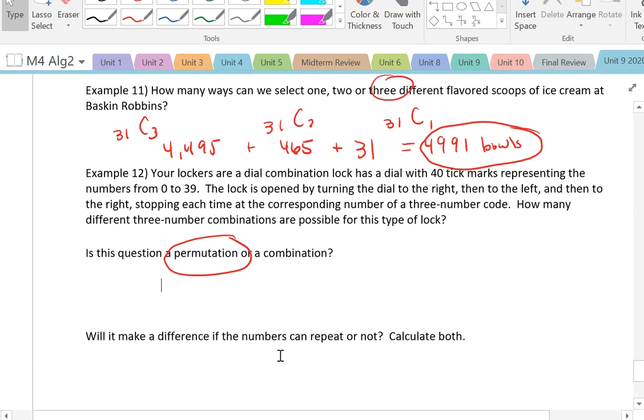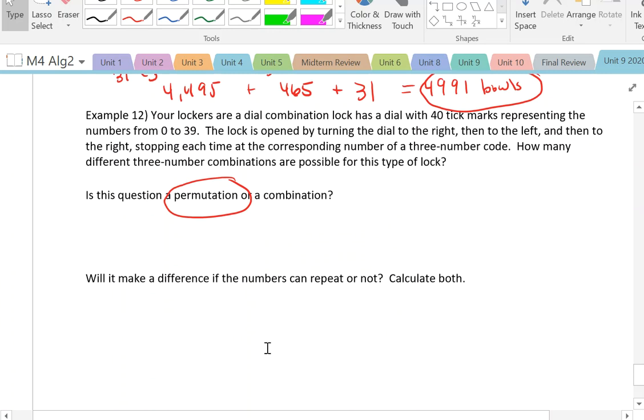Will it make a difference if the numbers can repeat or not? Of course. So calculating both. If repetition is allowed, so that would allow the combo of 40, 40, 40, then the first one has 40 options, the next one has 40 options, the third one has 40 options.